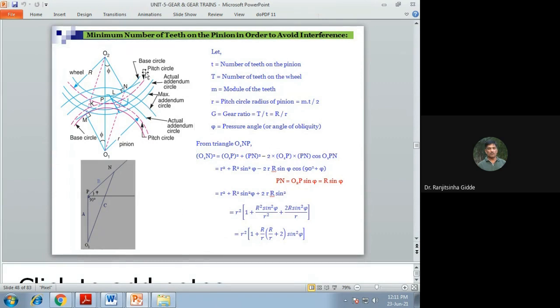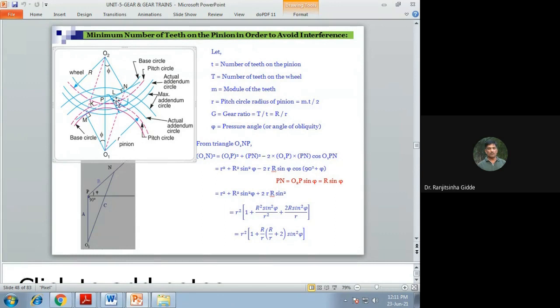So this is the schematic diagram. Here you can see this side pinion, this side wheel, this capital R radius of pitch circle of the wheel, small r radius of pitch circle for the pinion. This one is the pitch point, this KPL.